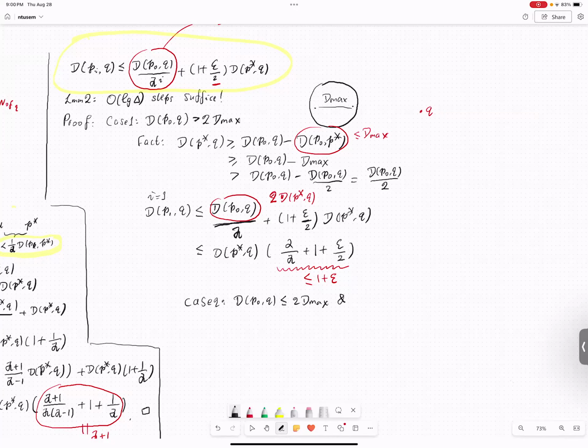This is the typical case. We started with an atypical case, and the second case is the most common and typical case. Later on, case 3 is going to be another atypical case. Here we require d(P star, Q) to be at least D min over 2 epsilon plus 4.